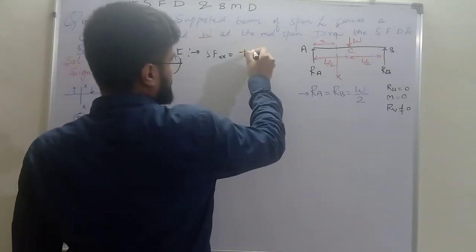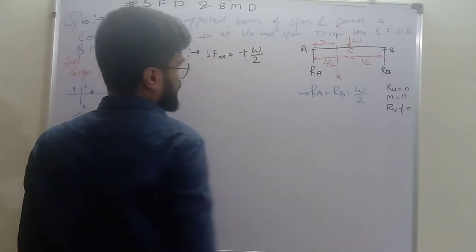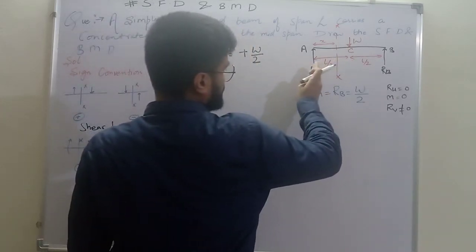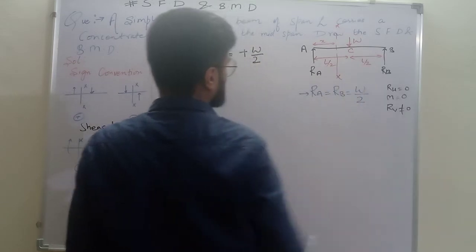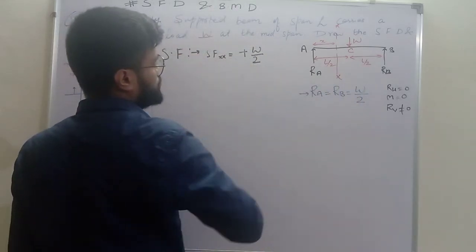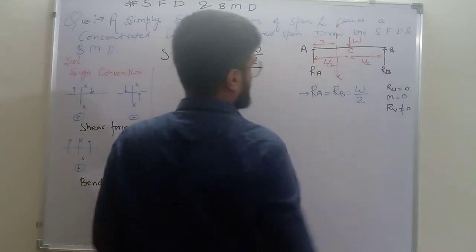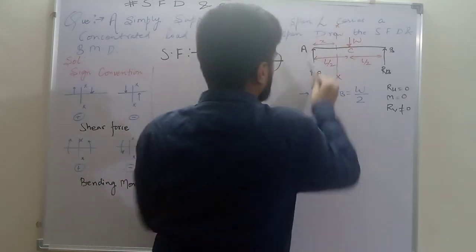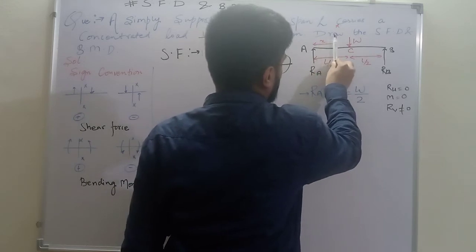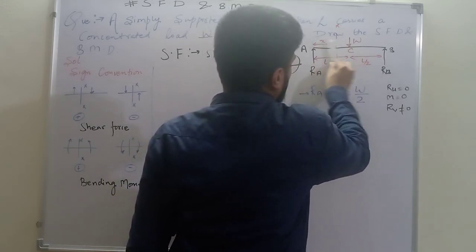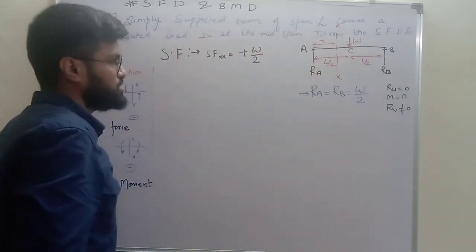So this will be positive W by 2. And as the section moves from A to C, it will be constant and equal to plus W by 2 for all sections from A to C. If the section is here, or here, up to this point, the shear force will be equal to plus W by 2.